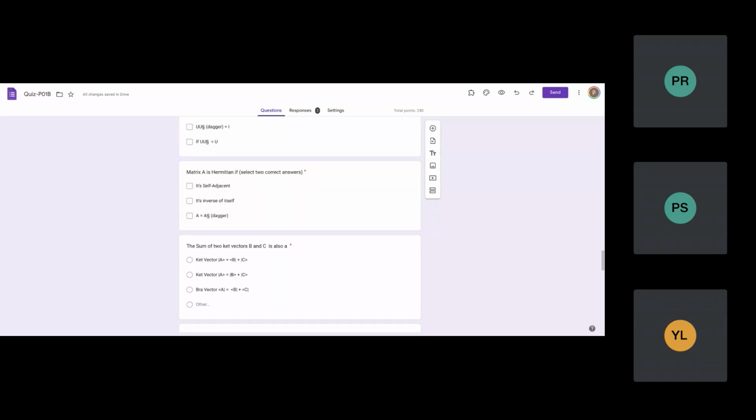Sir, one question. What is the difference between dagger and conjugate? No, dagger is a symbol. I could not find the dagger symbol, the T with the inverse symbol. That is why I put this. Dagger is the transpose of the complex conjugate of the matrix. So if you put a star, that is complex conjugate only.